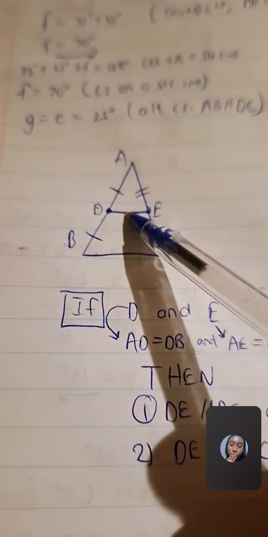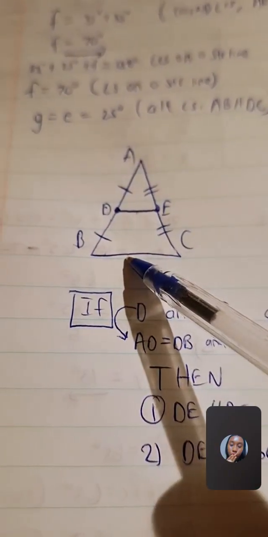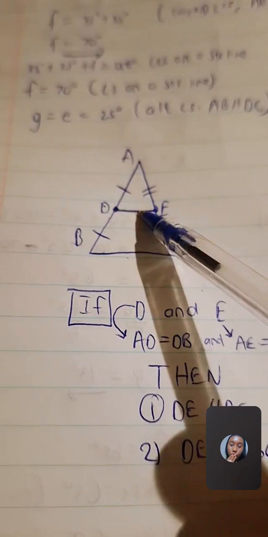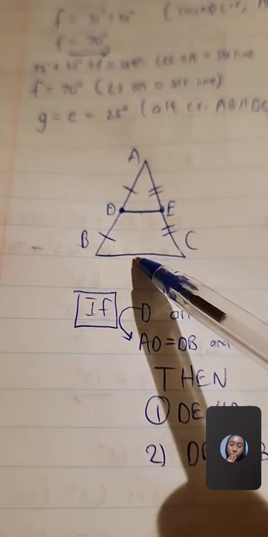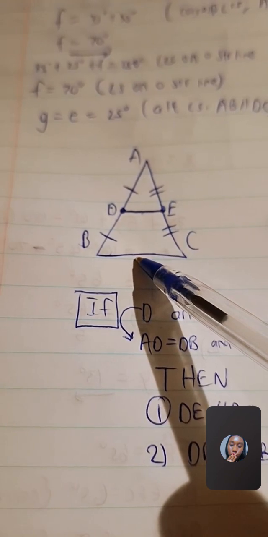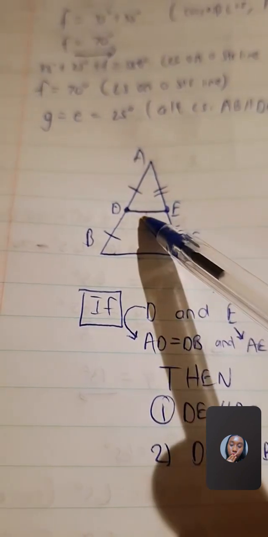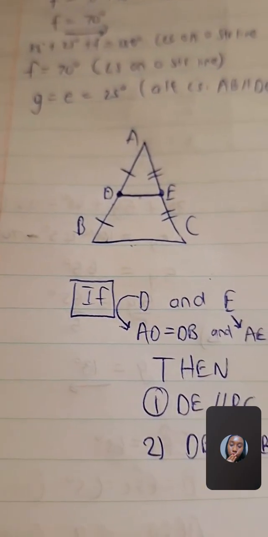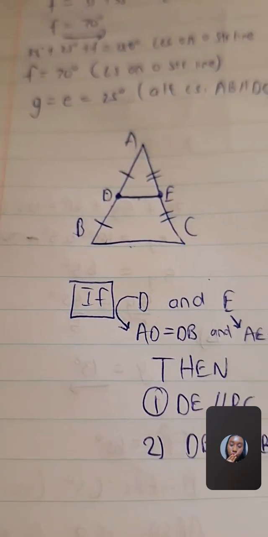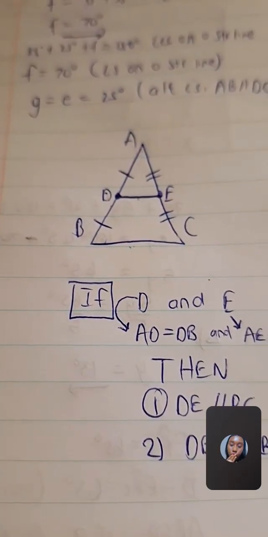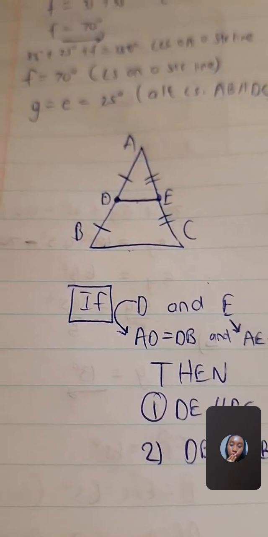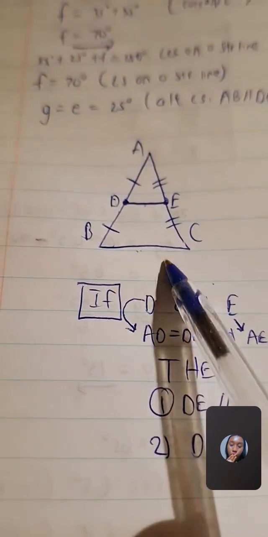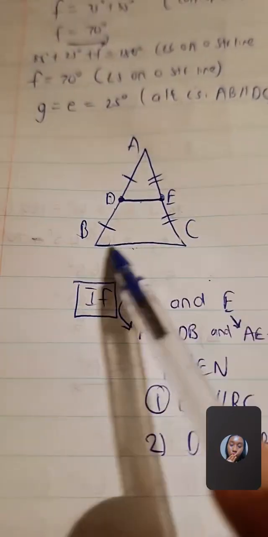So if this is 15, this is 30. If this is 10, this is 20.